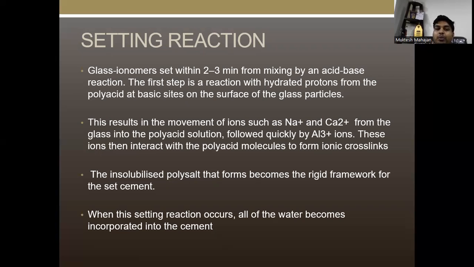These ions then react with the polyacid molecules to form ionic crosslinks. The insolubilized polysalts that form become the rigid framework of the set cement. When this setting reaction occurs, all the water becomes incorporated into the cement.